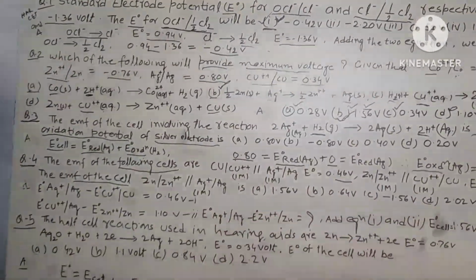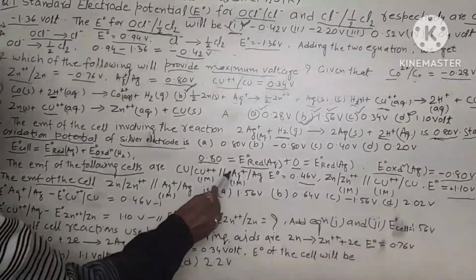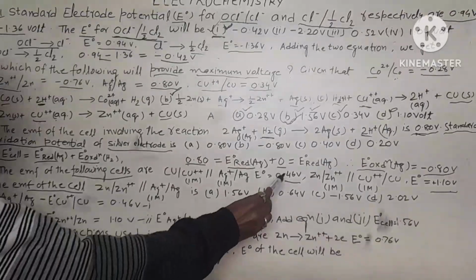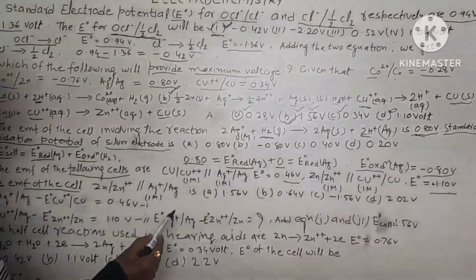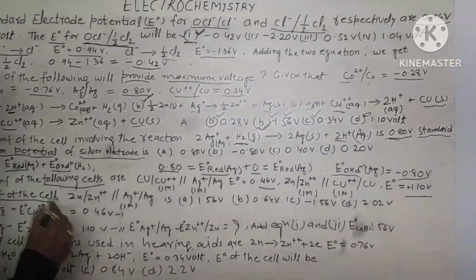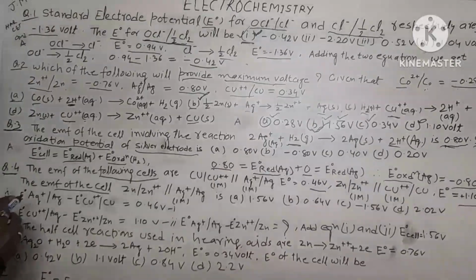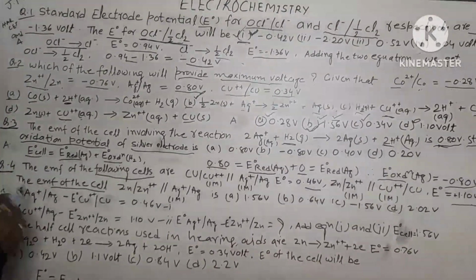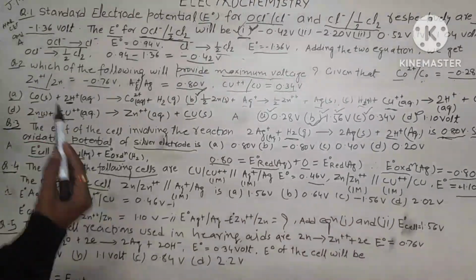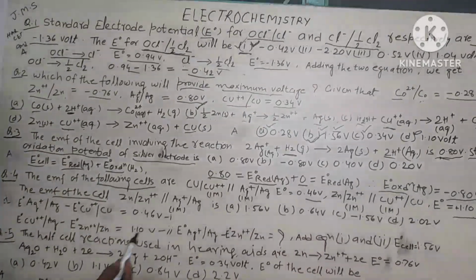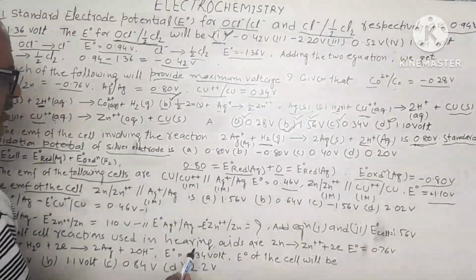It is not given directly. Only two cells are given, and the third cell you have to calculate. So how will you get the electrode potential of silver minus the electrode potential of copper? That is actually given in an indirect way, as the value 0.46 volt.